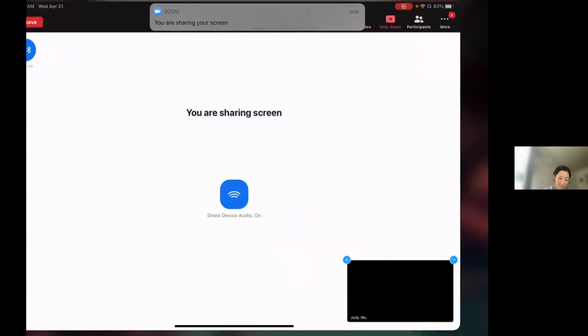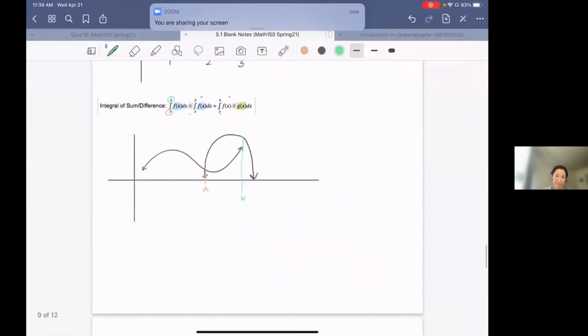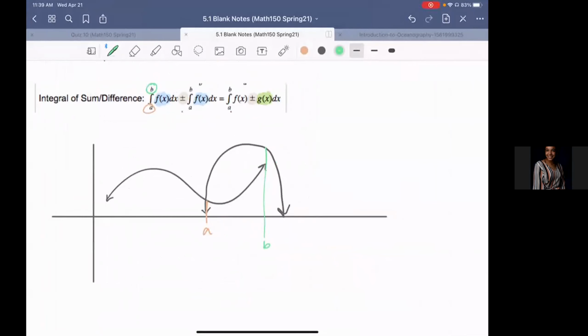Let's see. We noticed that f of x was the same, and that we started with a and we ended with b for both of them.